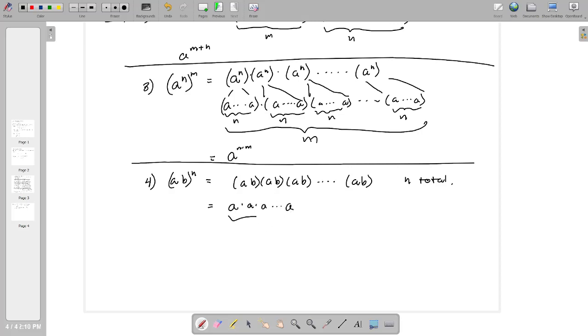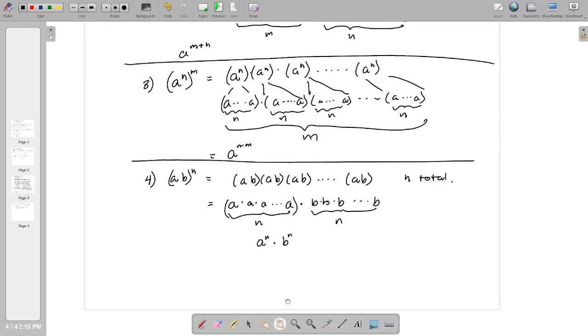And how many do I have? And all my b's are second. And how many b's do I have? Also n. So if I now group these, then I'm looking at a to the n here times b to the n here. So we end up with the proof for this rule.